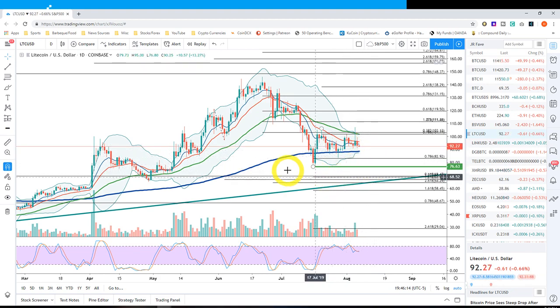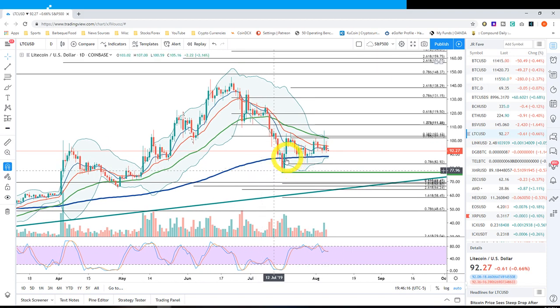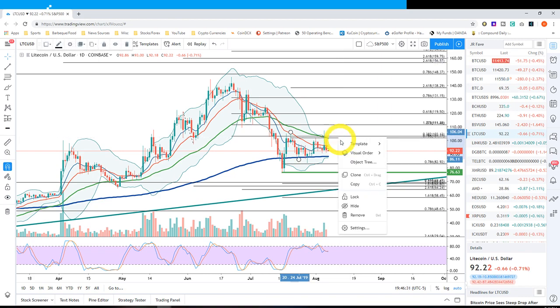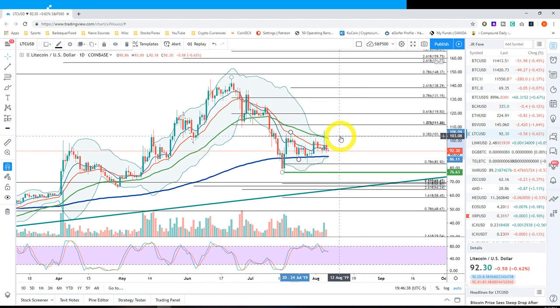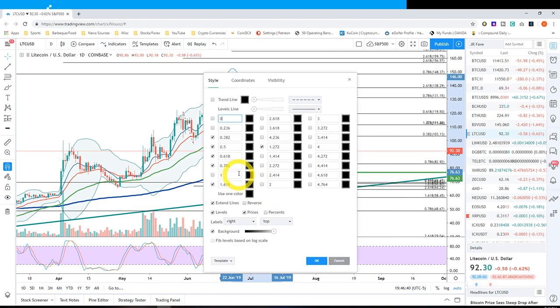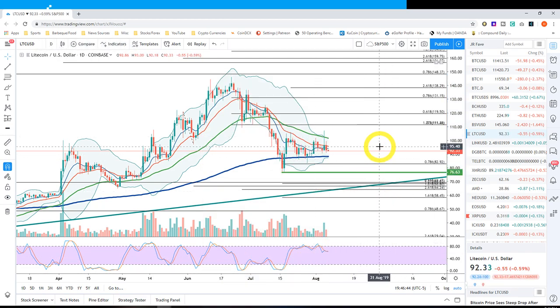And I still just think that candle pattern right there, it's like back in here, only just the opposite. It's weird. But I guess I can get rid of this right here. That was the 78.6. Let's get that out of there. And let's get rid of the 38.2. There we go. All right.